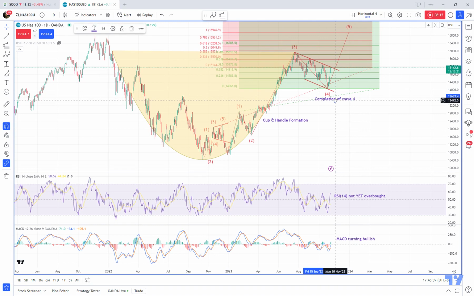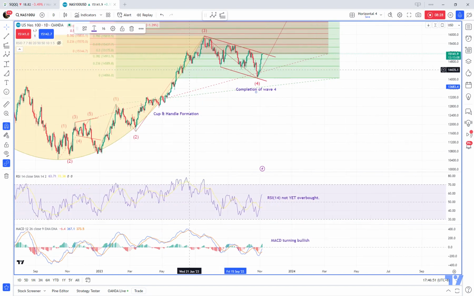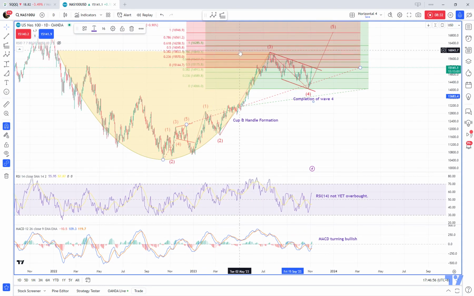So what can go wrong? For Elliott Wave, we must always be prepared for our analysis to go wrong, even though this is not our bias. What can go wrong is that for any kind of correction, there could be a combination.